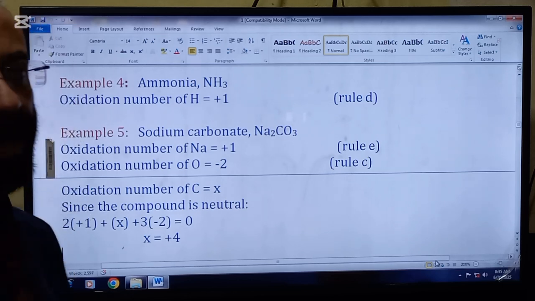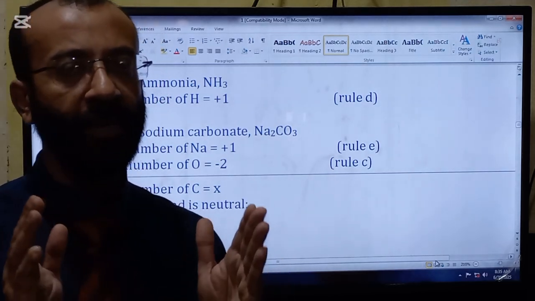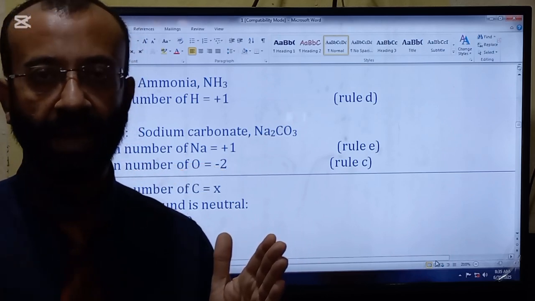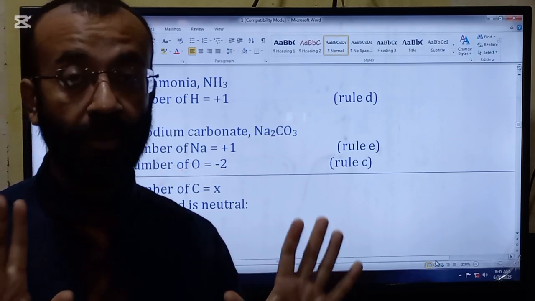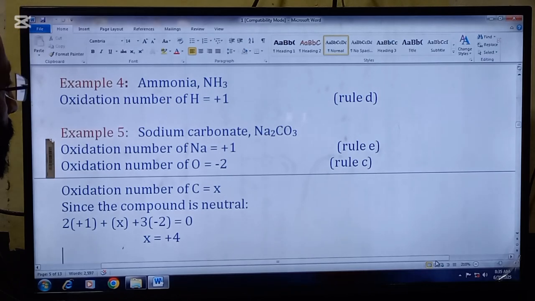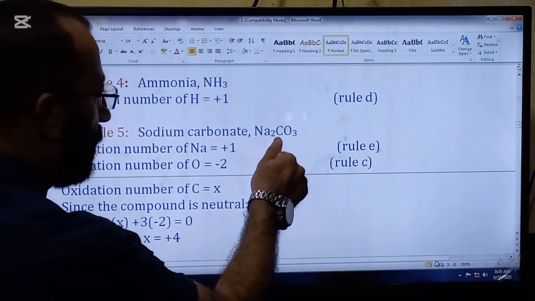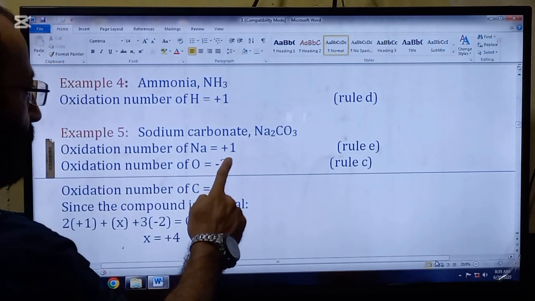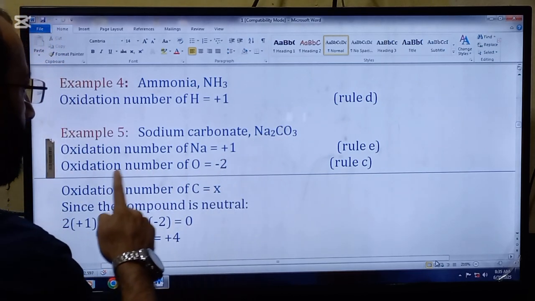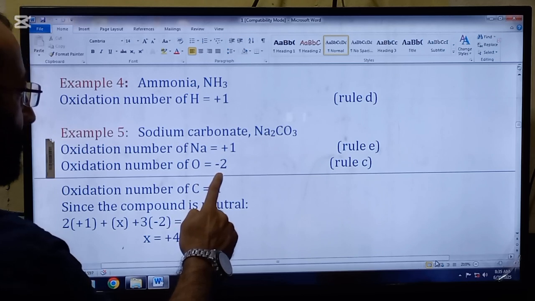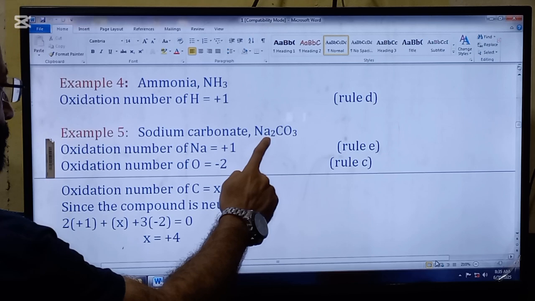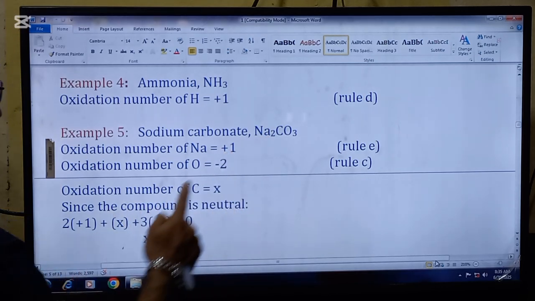Next rule was if a compound is neutral, the sum of the oxidation numbers of all the atoms will be equal to 0. So this was the rule which is going to be applied now. So in this compound, we are going to find the oxidation number of C. Na is having oxidation number of +1 and O is having oxidation number of -2. There are 2 atoms of sodium, so that's why 2 into +1.